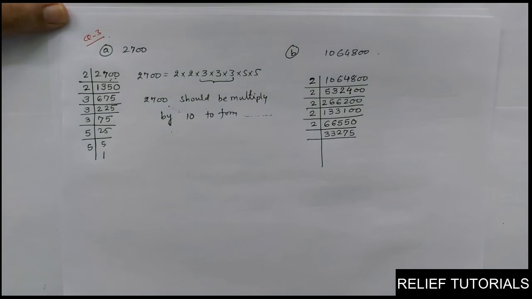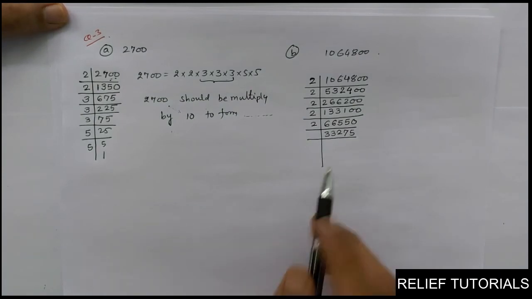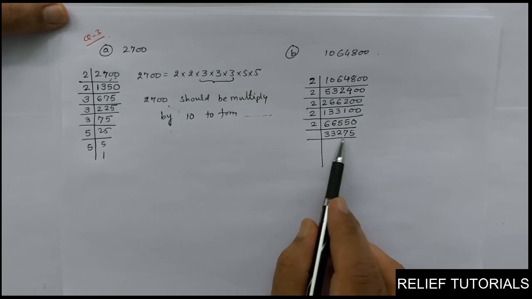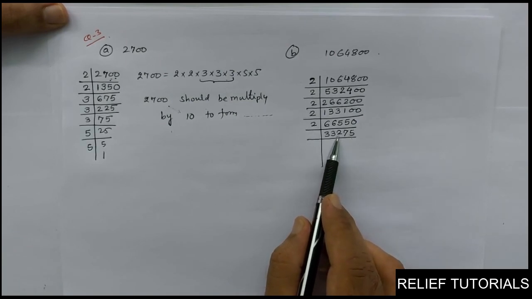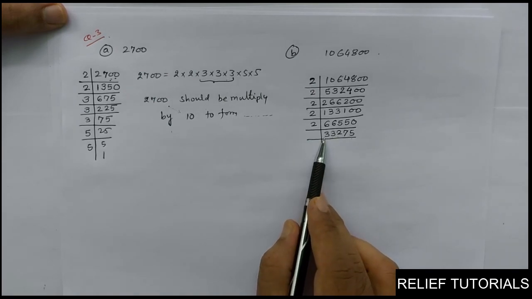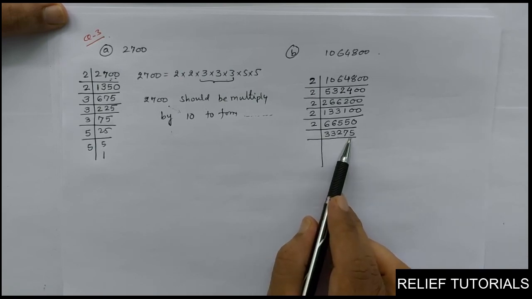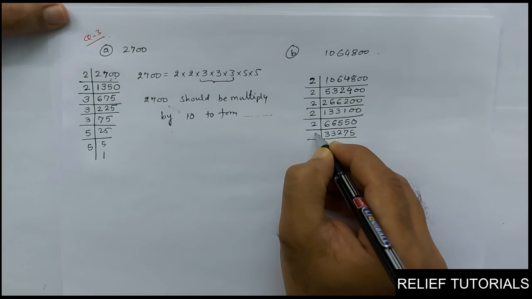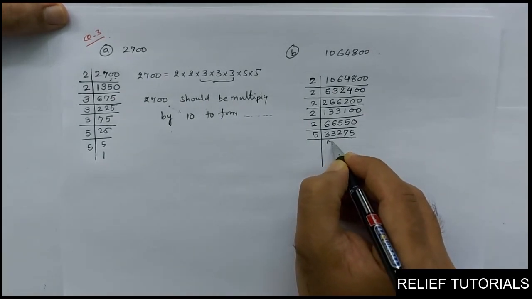Now this number will not be divisible by 2. Let us check it for 3. 7 plus 5 is 12 plus 2 is 14 plus 3 is 17 plus 3 is 20. So this number will not be divisible by 3, but it has unit place 5, so it will be divisible by 5.